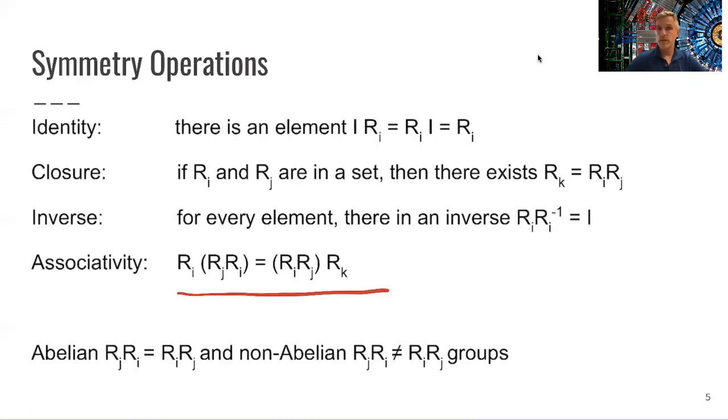You can classify them, however: those where you can commute are called abelian groups, and those where you cannot are non-abelian groups. All right, so with this, we have introduced symmetries with the first video, and now we dive into more detail in understanding continuous symmetries and also discrete symmetries and what we can learn from them.